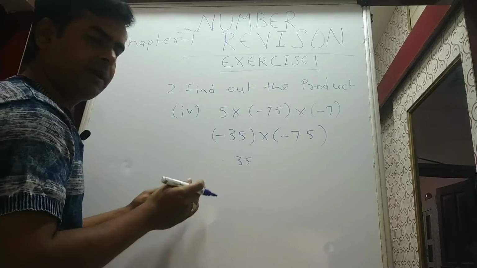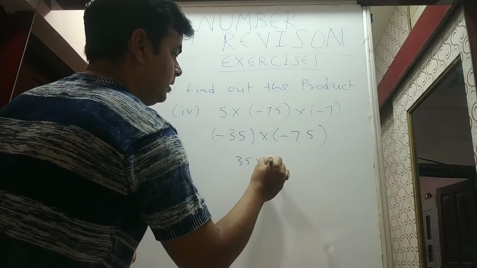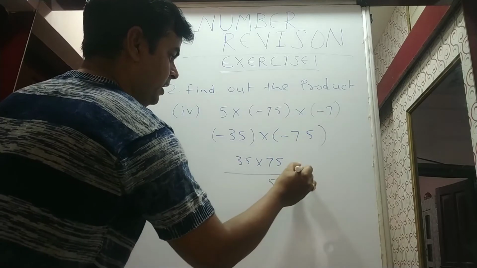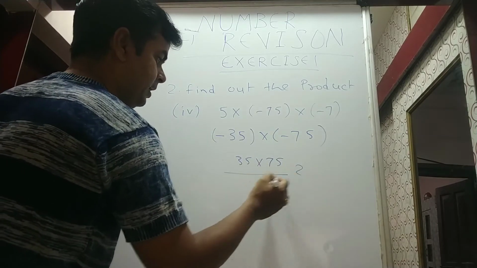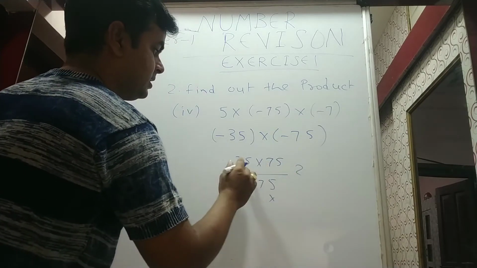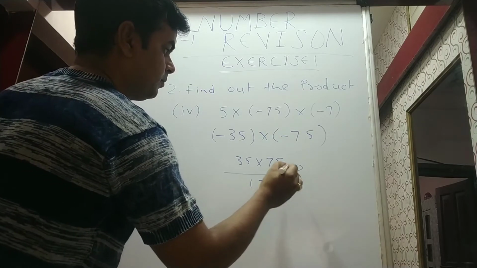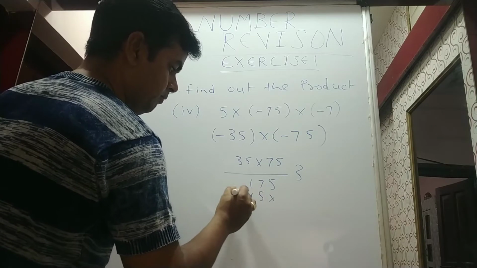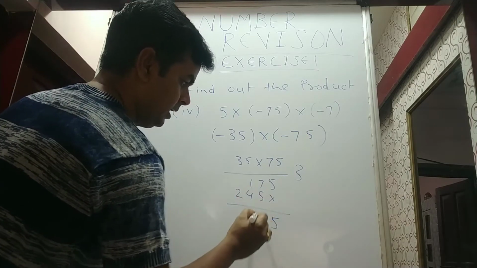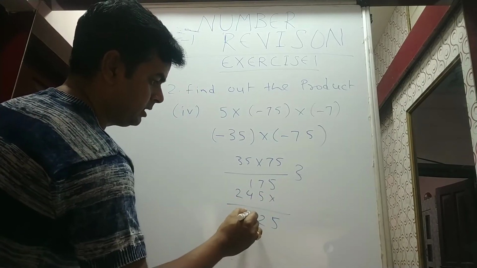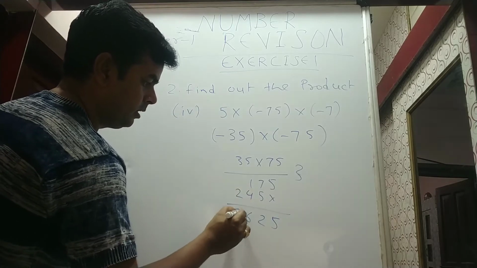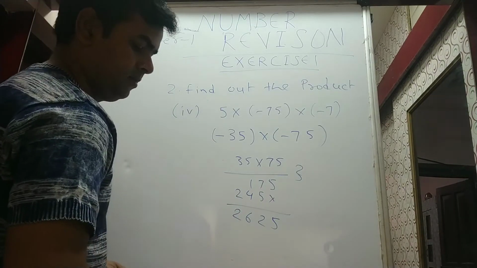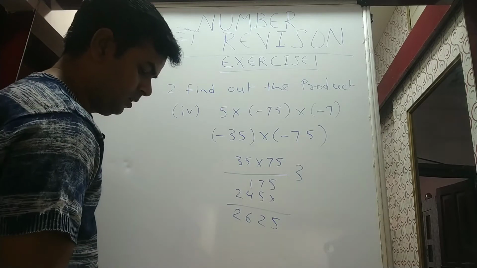We did not write the plus sign, so we remove that. 5 5s are 25, 5 3s are 15, 7 5s are 35, 7 3s are 21, and so on. So our answer should be 2625. Easy.